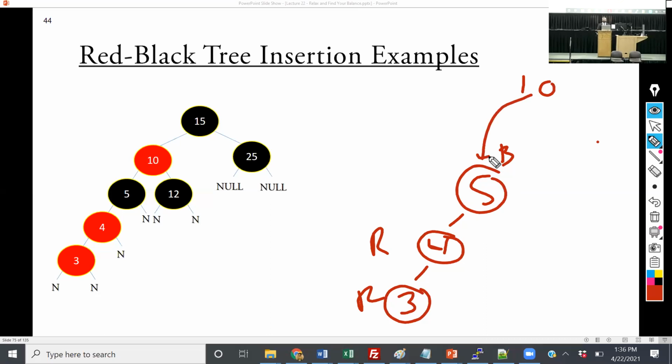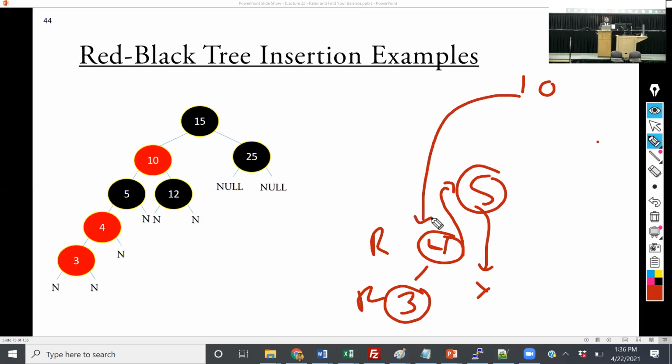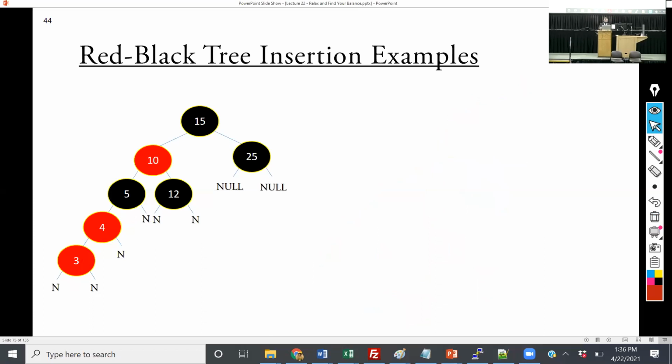So 5's left child will initially point here. 4's right child now, for case 2, is going to point at 5. 10's left child, which was originally there, is now going to point here. So now we're going to get that kind of rotation. Does that make sense? So now let's go through the animation.